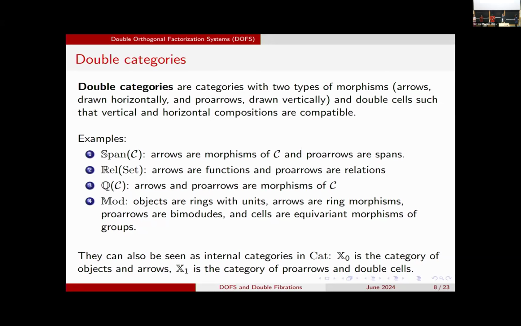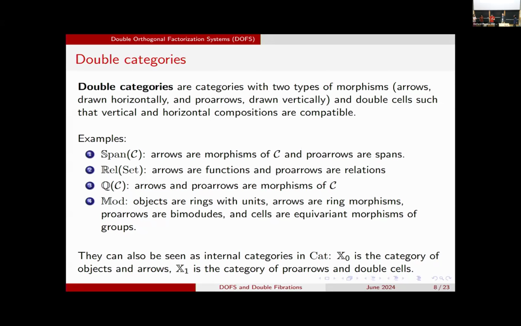And if we also start with a double category C, we can build the quintet double category using the one cells in C and two cells in C. And the last example is modules, or actually bimodules over rings with units.